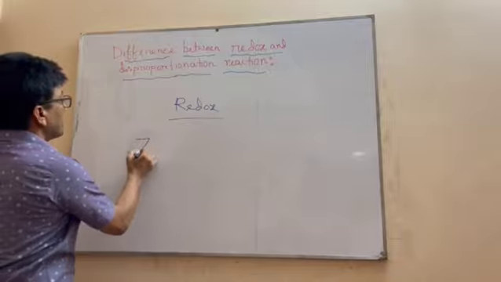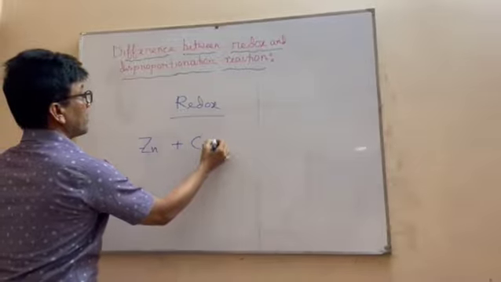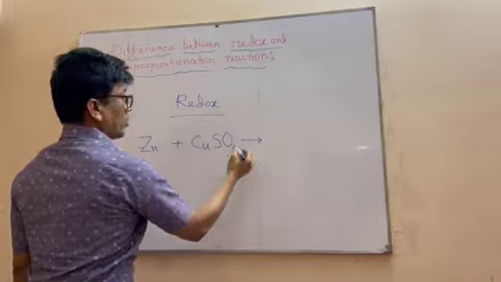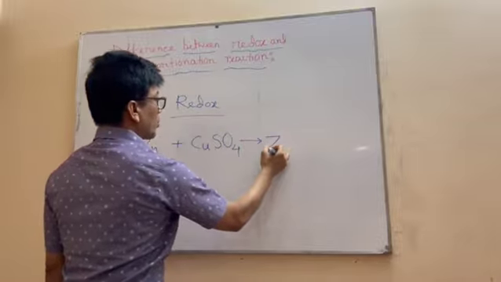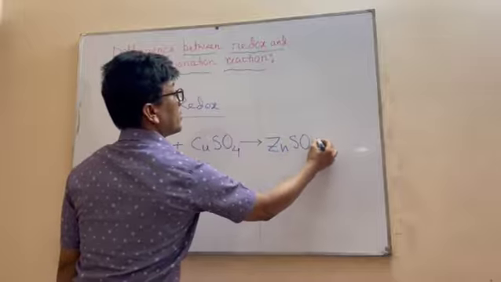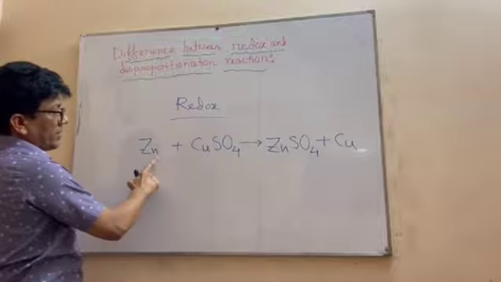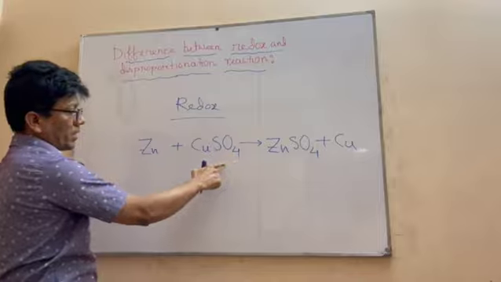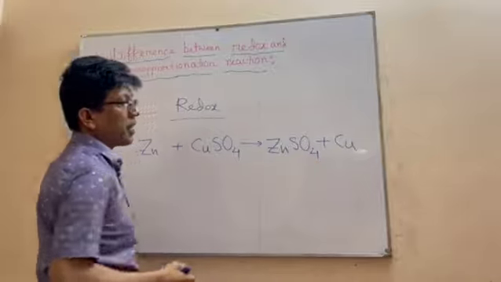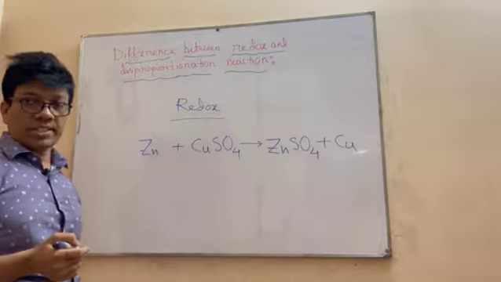Say zinc reacts with copper 2 sulfate to form zinc sulfate plus copper. So this is a redox reaction.